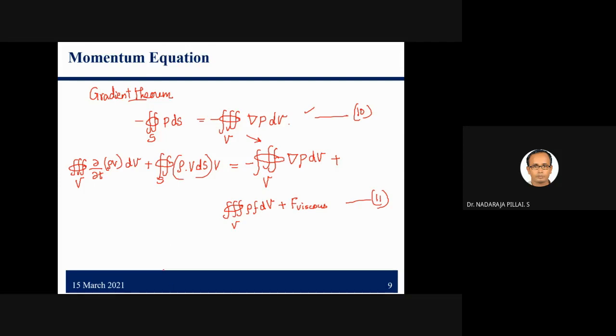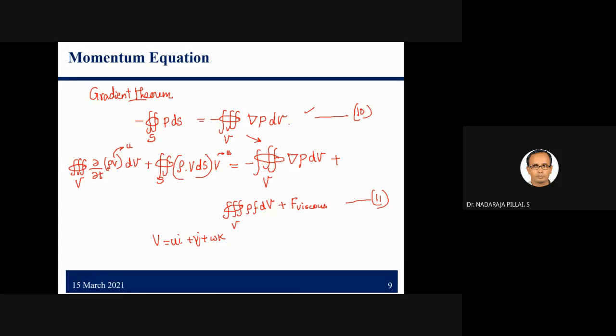We already know the V is a vector form, that is Ui plus Vj plus Wk. So if you want to write the equation, say we have x momentum equation. If it is x momentum equation, this V can become U, right? Again, this V becomes U, right?